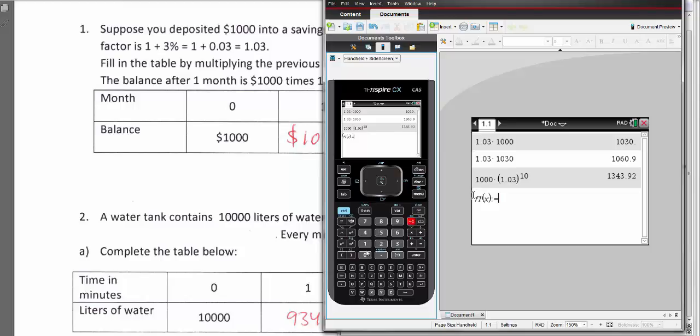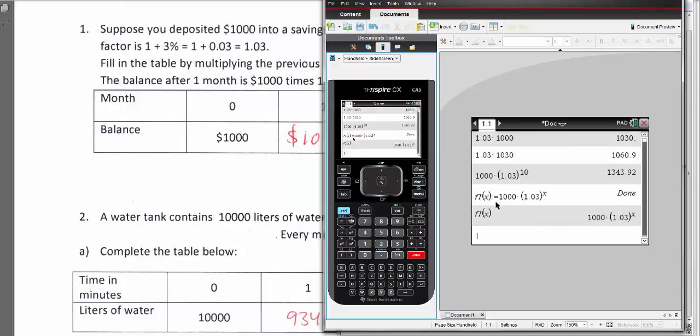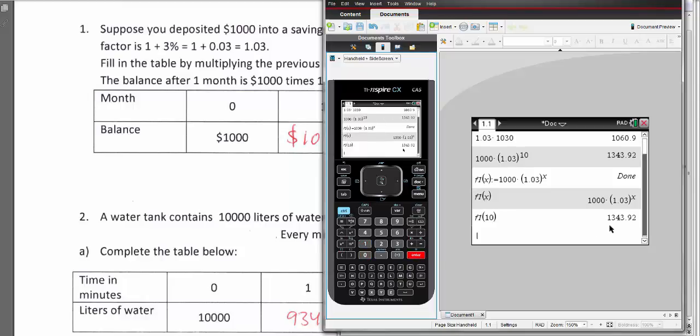So 1000 times 1.03 to the power of x is the variable. And now it says done. We can just type the function again, f1 of x, and we see the function here. Now, if I wanted to find out how much money I have after 10 months, I just write the name of the function, in this case f1 of, not x, because I want x to be 10, and then I get the answer.